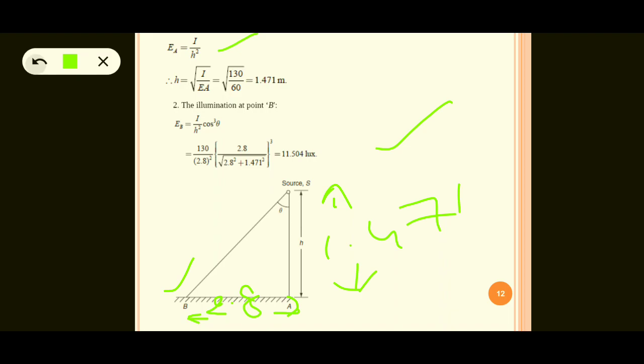We have two standard equations for illumination in Lambert's cosine law. Discuss it.